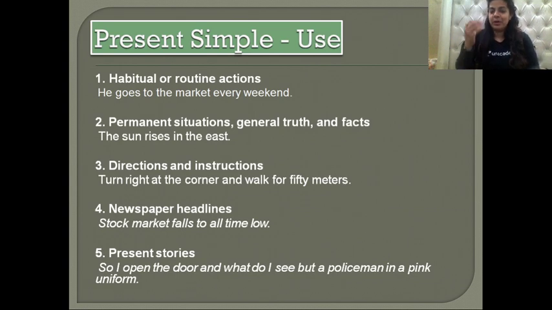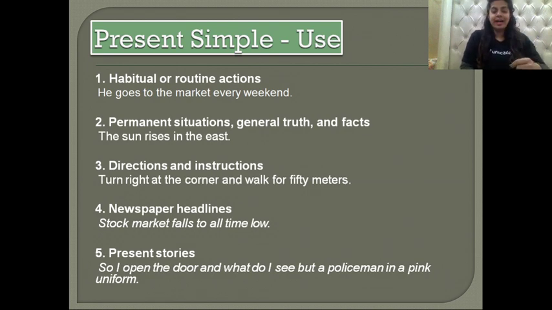We are going to discuss examples and then go to the structure and forms. So in that case, we are using simple present tense. If we are telling directions and instructions, we use simple present tense, such as turn right at the corner, walk for 50 meters, then take a U-turn.